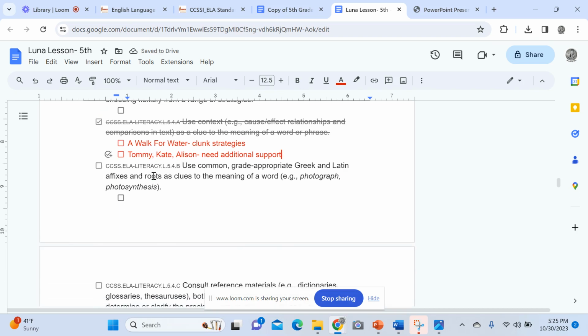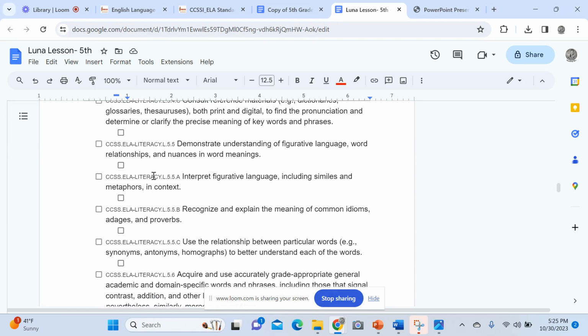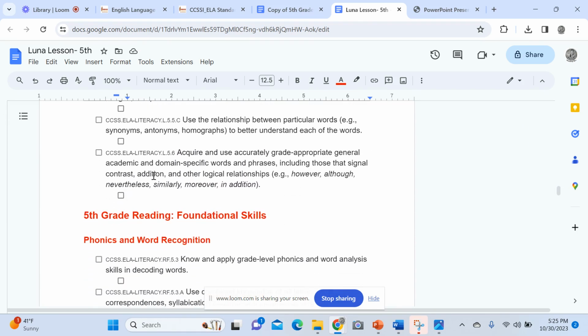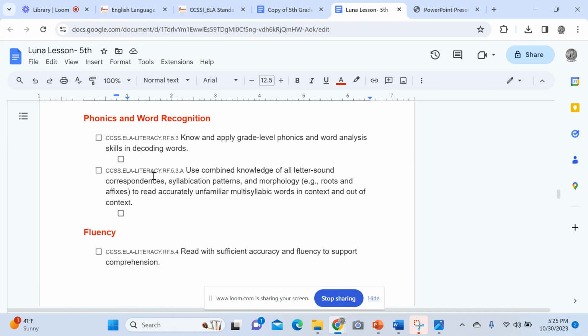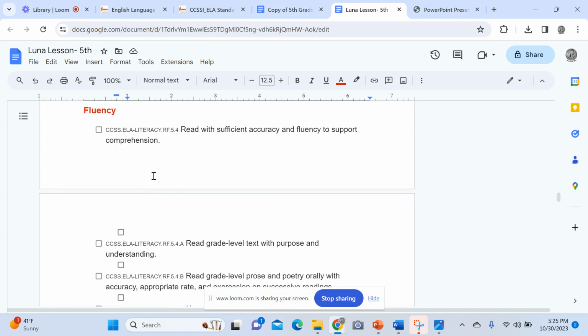So I would then scroll down. I know that I'm not spending an entire novel just on vocabulary. So I'm also going to go down and look, and I have several fluency passages in this novel. They are written at different lexile levels, so I can have some differentiation happening. I'm going to put in A Walk for Water, fluency passages, and highlight that red.